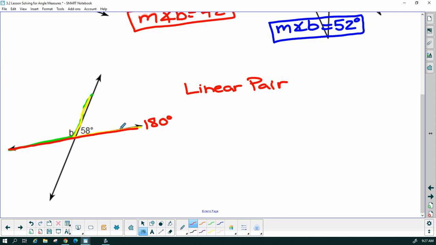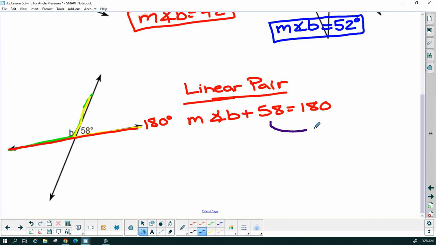When I put them together, they make this 180 degree straight line, and so I can add them together. The measure of angle B plus 58 should equal 180. They're a linear pair. Together they make 180 degrees, so I can say they add together like this to equal 180.